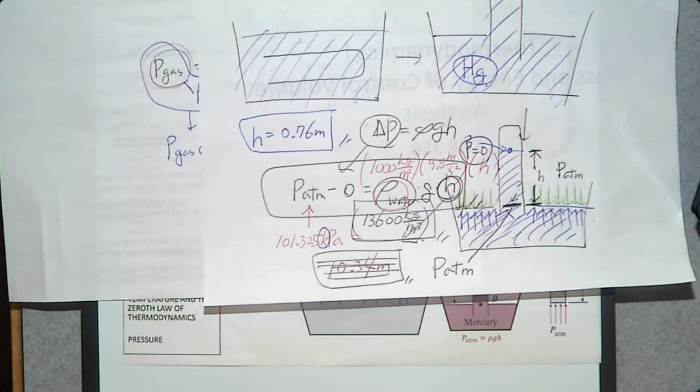Kilopascal, atm, bar, what is the unit? Inches. Is inch an appropriate unit for pressure? No. Then why is there an inch? Because there is a barometer in weather.com, and whoever the employee is read the h value. So they measure the h of the barometer. It is 30.3 inches.